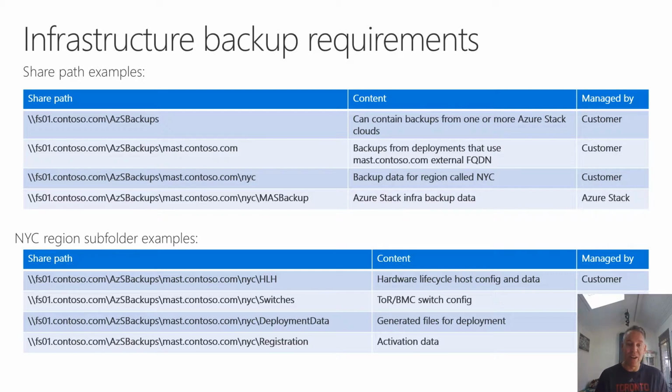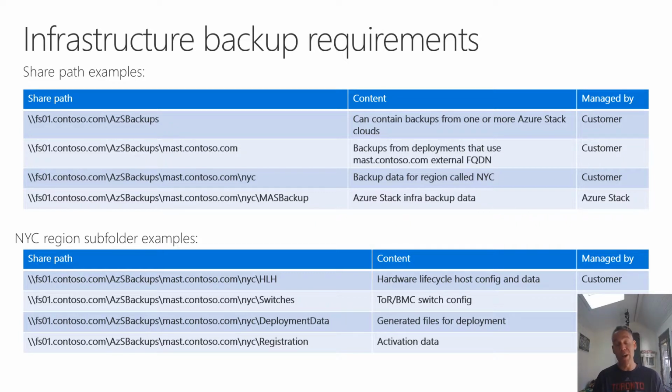And it can contain a bunch of sub-information: information about regions, information about the backup, information about the hardware lifecycle host itself, the software configuration related to the switches, and the files that you used initially to provide all the answers for your very first deployment of Azure Stack. So things like the region names, the public IP address space, all the certificates that are included, and the activation. The activation will be preserved if you ever have to do a restore.